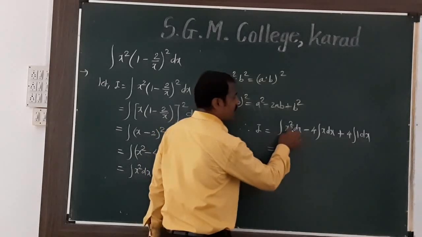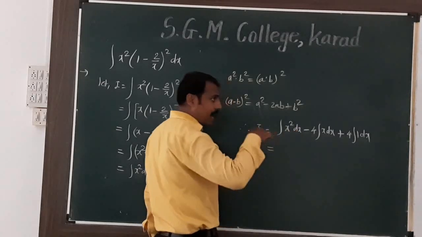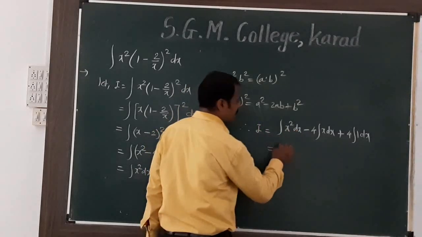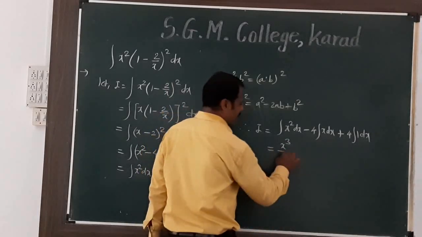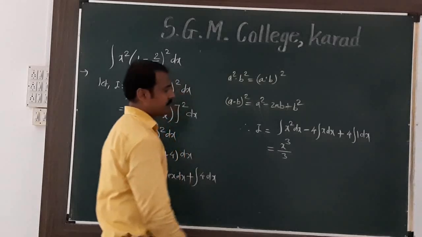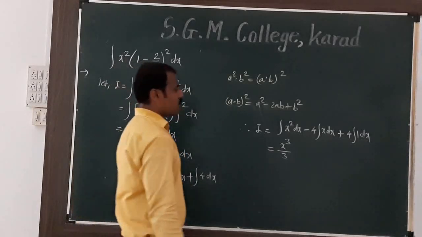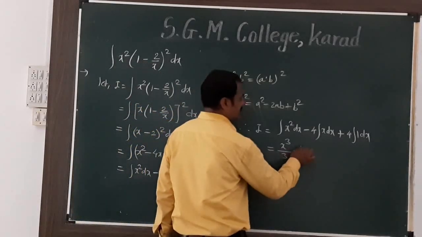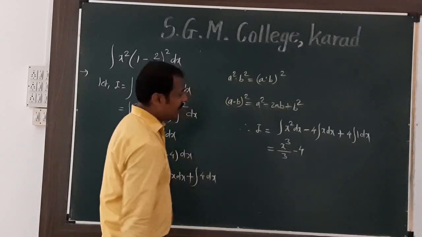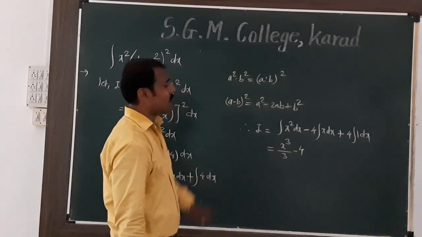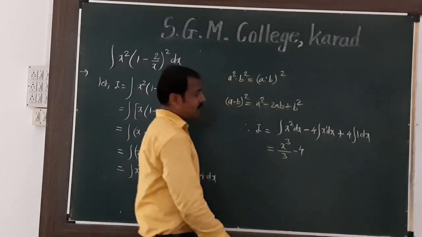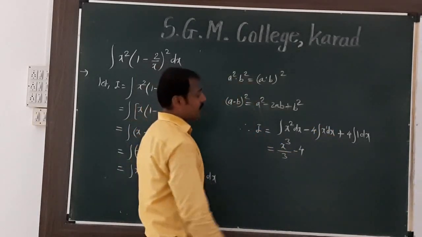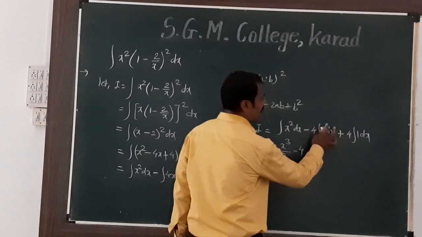So add power by 1, here power is 2, add 1, 2 plus 1, 3. So it becomes x raised to 3 divided by the same power, 3. Okay, minus 4 is constant as it is, into integration of x. Here power is not given. What is the power? It's 1. Integration of x raised to 1, add power by 1.